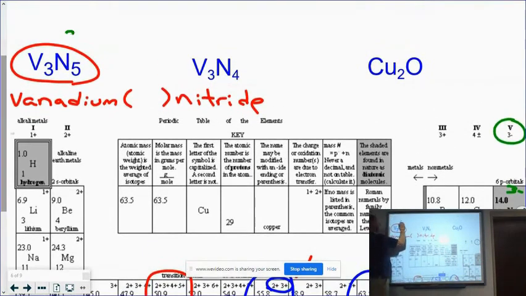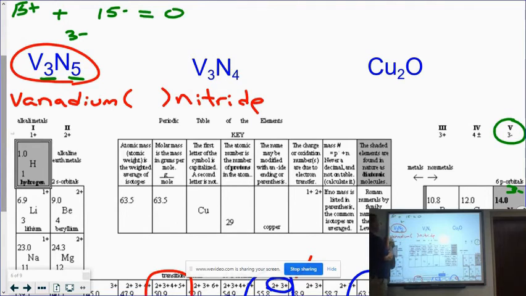So each nitrogen is a 3 negative, but there's 5 of them. So 5 of those 3 negatives would be 15 negative overall. So what plus 15 negative equals 0? Well, that's got to be 15 positive. But I have 3 of these vanadiums.